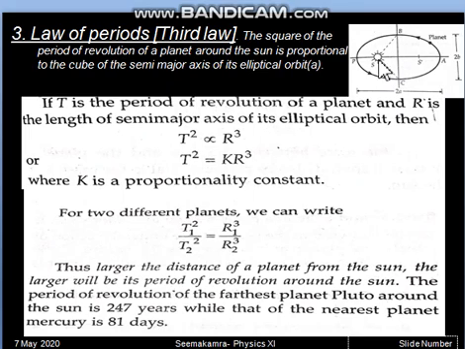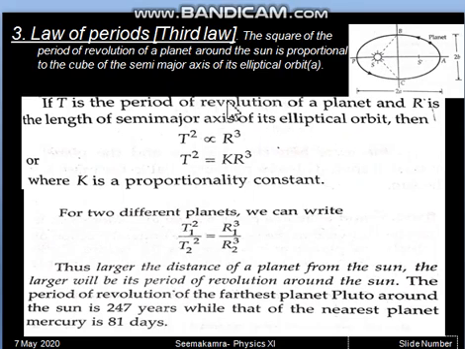Half of the major axis is called the semi-major axis. In the diagram, the major axis, P to A, is equal to 2a, and the semi-major axis means half of it. Semi means half, so it will be only a. We can generally denote it by R or a.